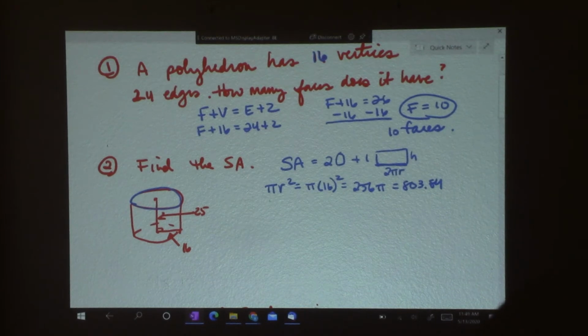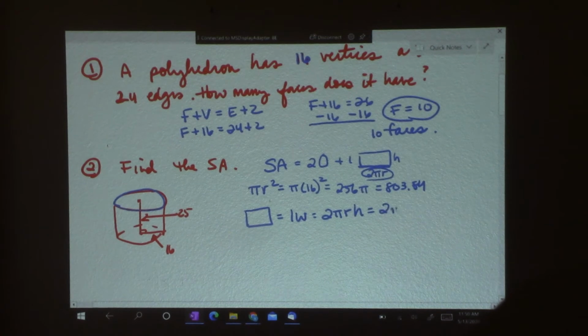And then that rectangle is going to be length times width, and that is, like I said, 2 pi r times h, which is 2 pi times the radius, which is 16, and the height, which is 25.